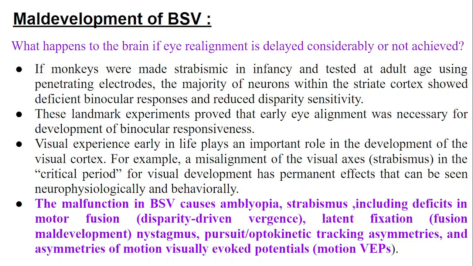This can lead to a deficit in binocular responsiveness and reduced sensitivity to visual disparities, as well as a range of other visual impairments. Overall, the development of normal binocular vision is essential for the brain to properly process visual information and navigate the visual world.